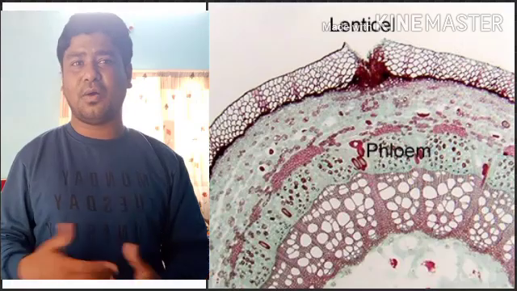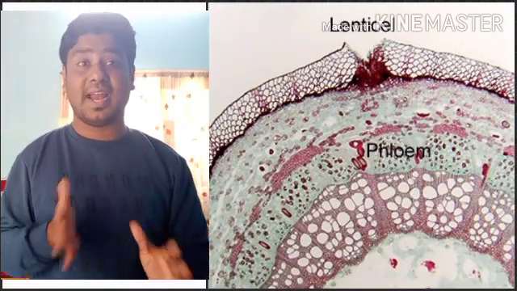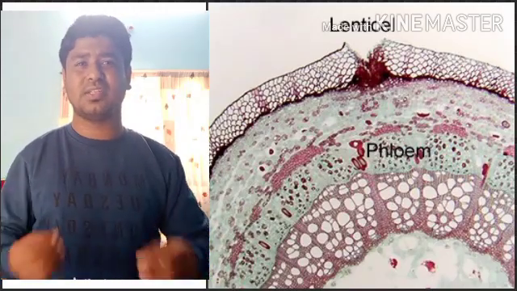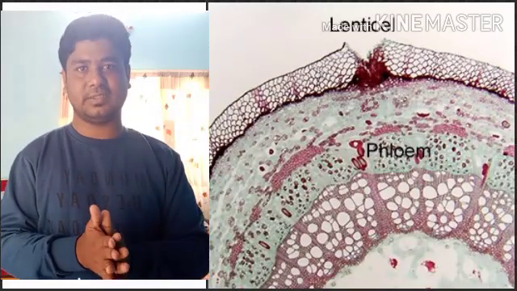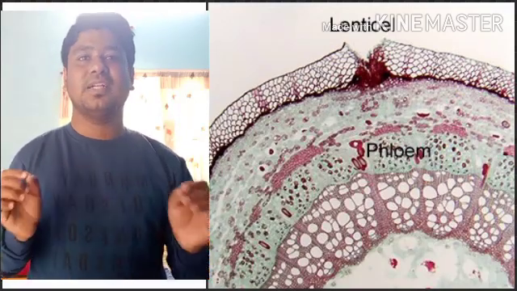Then we have the root. How does the root take it? The whole surface of the root can take in air, especially the root hairs. The root contains root hairs, and the whole surface of the root can take up air. That's about respiration in plants as well as respiration in all organisms. We'll end this video here.